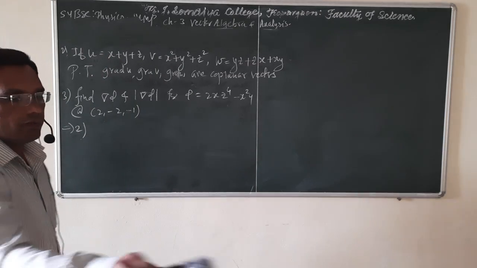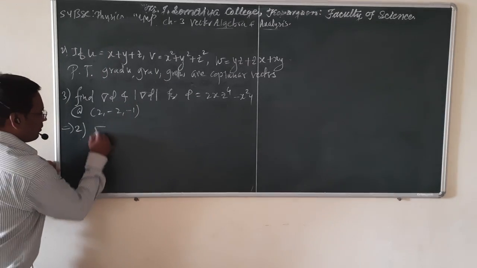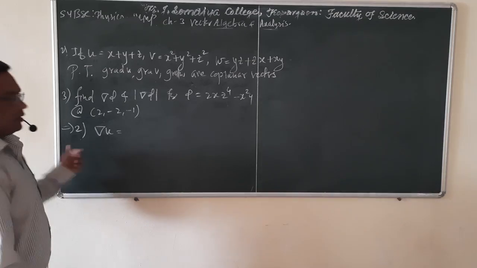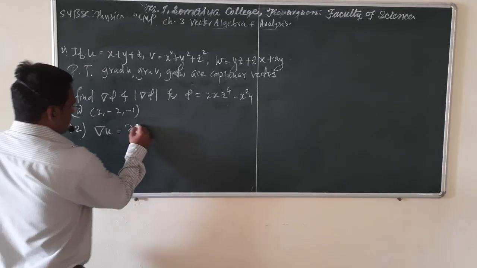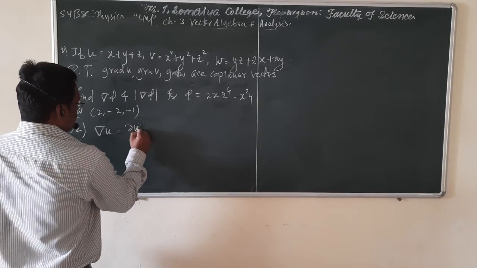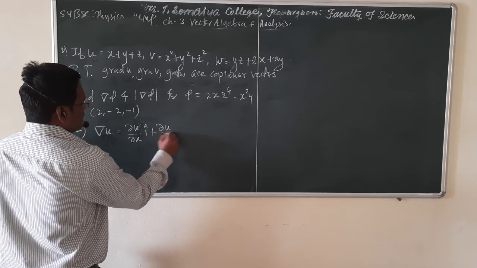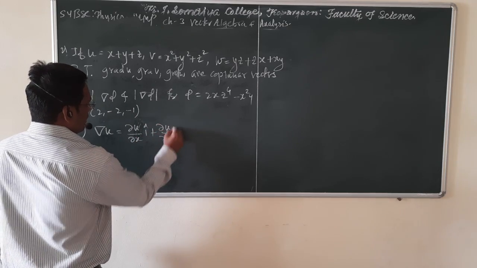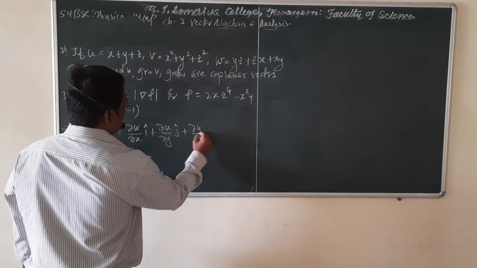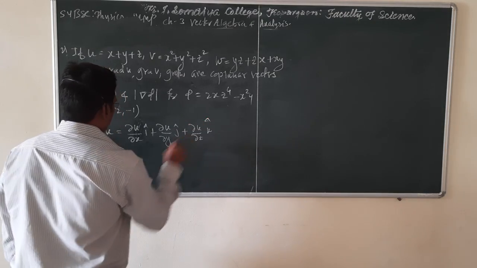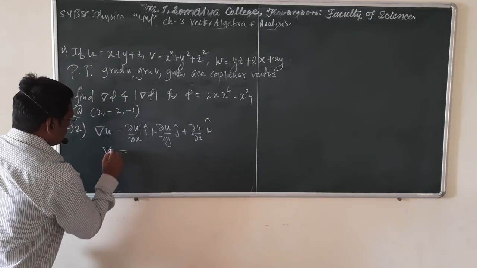First of all, gradient of u, by definition, means partial derivative of u with respect to x i cap, partial derivative of u with respect to y j cap, and partial derivative of u with respect to z k cap.